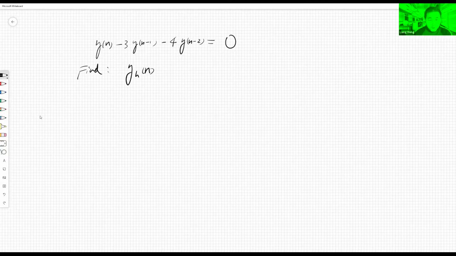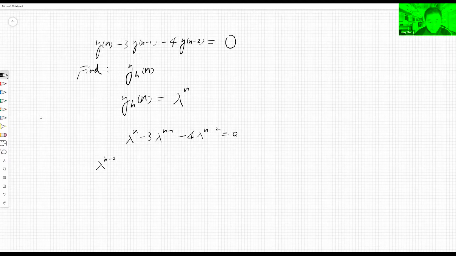To find the homogeneous solution, we know it is in the format of an exponential. So we have here lambda to the power n. That is the format of my homogeneous solution. We substitute this into my equation, that gives me the characteristic equation, which is lambda to the power n subtract 3 lambda to the power n-1 subtract 4 lambda to the power n-2 equals to 0. We pull this lambda to the power n-2 to the front.